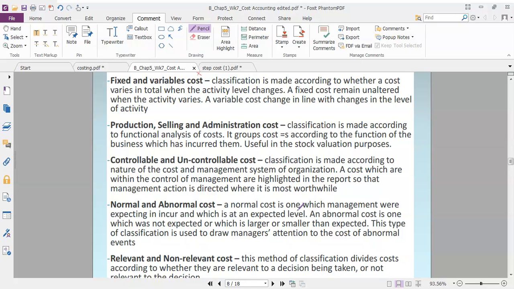Okay, this type of classification is used to draw management attention to the cause of abnormal events. Sebagai contoh, sekarang ni kan pandemic, right? Lepas tu company dia punya barang tak terjual. So, production terpaksa kena rendahkan, kena kurangkan production sebab barang tak boleh nak terjual banyak. Sebab orang tak ada duit, sebab pandemik. Orang tak bekerja. So, that is abnormal cost.